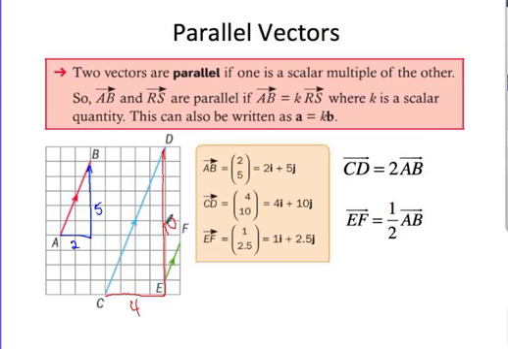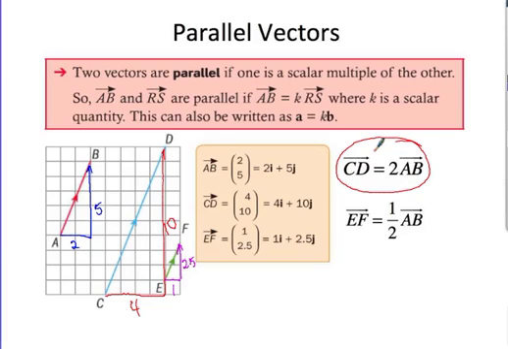And likewise, EF. EF is 1 unit in the x direction and 2.5 units in the y direction. So again, it's half the length of vector AB. All the vectors are given in their component forms here, and we can see what their scale factor is in comparison.